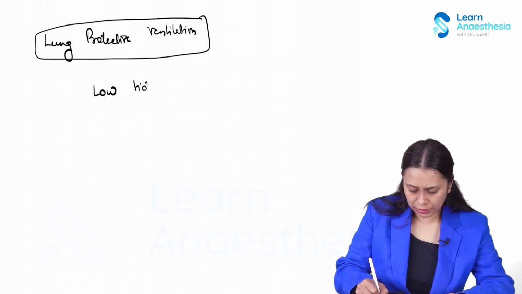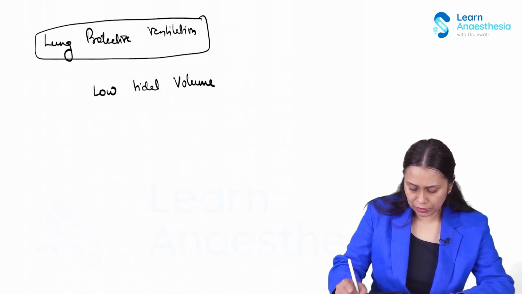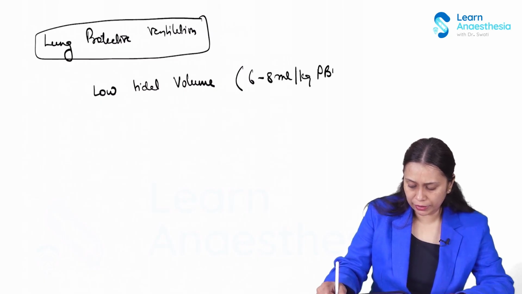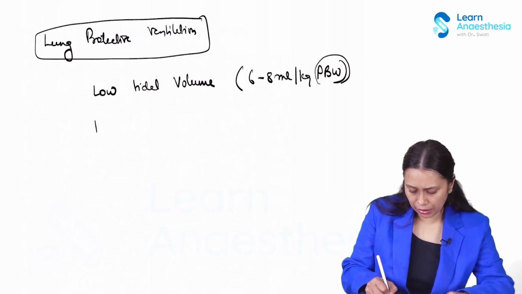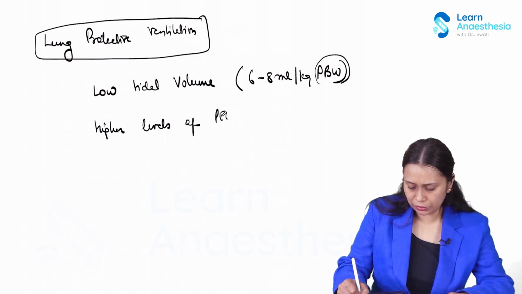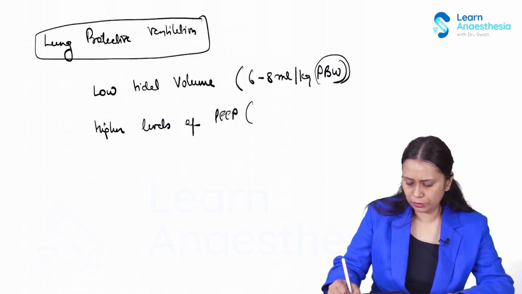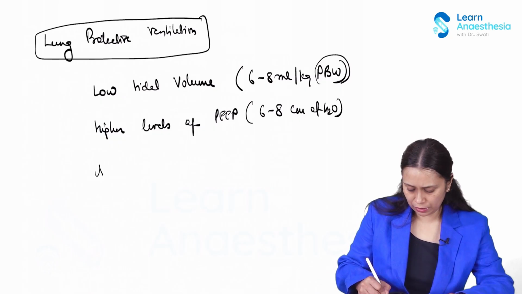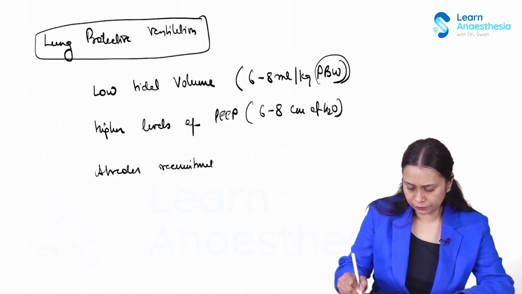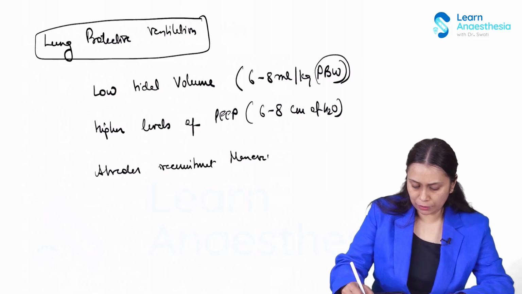Low tidal volume is 6 to 8 ml per kg predicted body weight. Always the ventilation is calculated by predicted body weight. Then higher levels of PEEP, that is 6 to 8 centimeter of water at minimum, and alveolar recruitment maneuver should be practiced in our high risk patient. So we should go for lung protective ventilation.